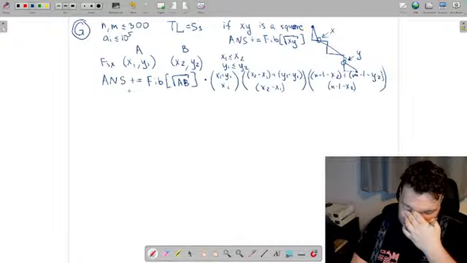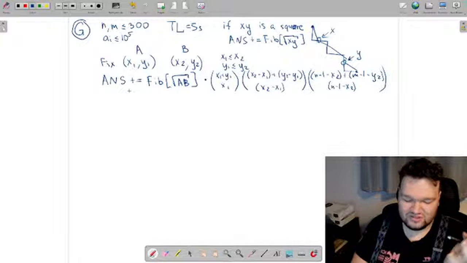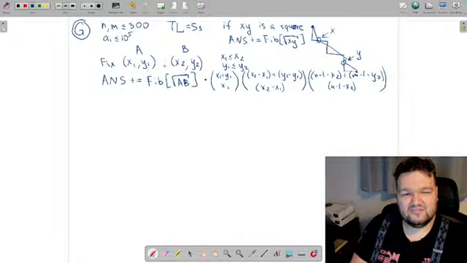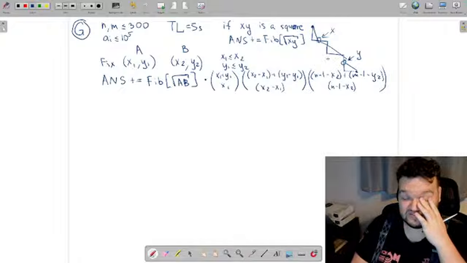Okay, so there is a kind of known problem when there isn't this Fibonacci thing: count the number of paths such that those 2 points are of the same color.